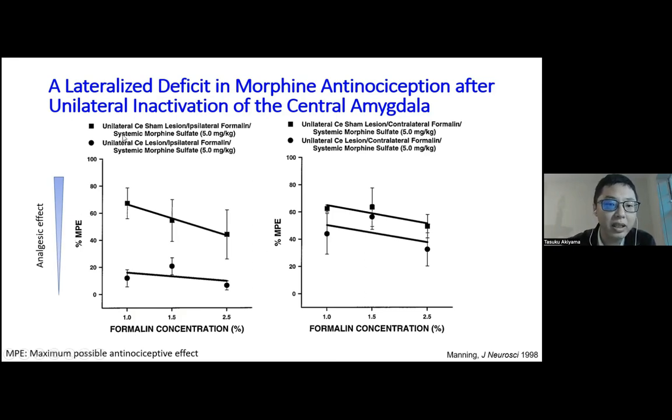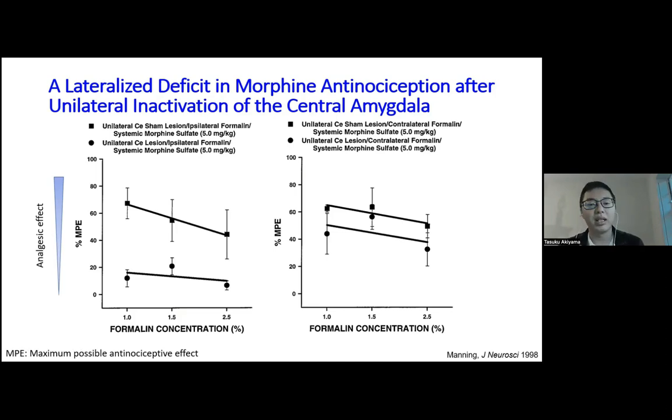And then here they are making the lesion in the amygdala, in the central amygdala. They can inhibit the morphine-induced analgesic effect.